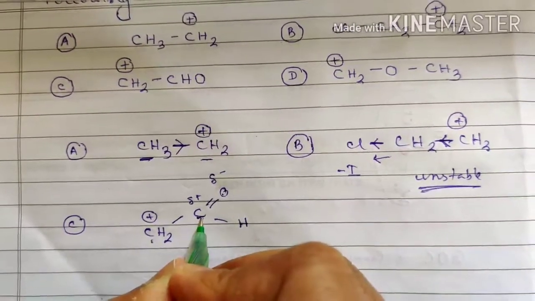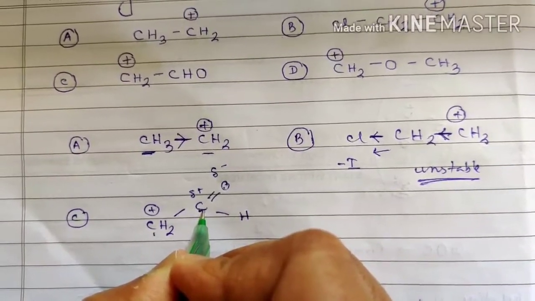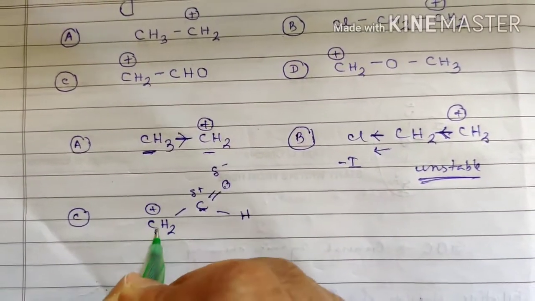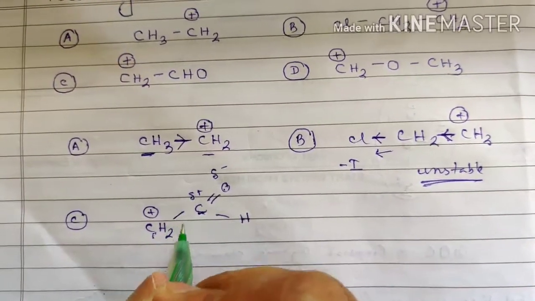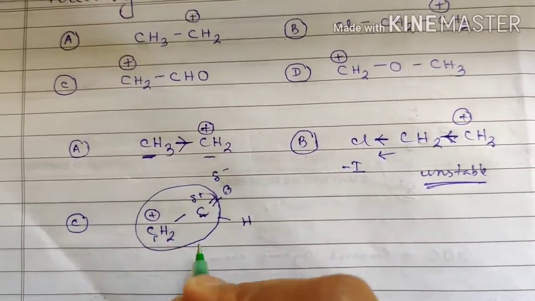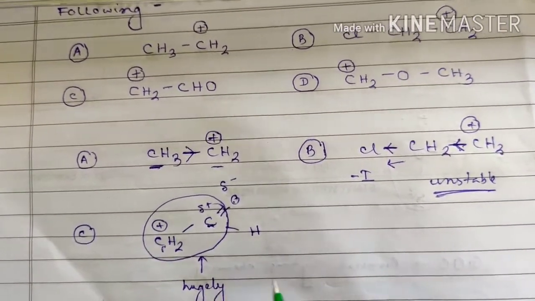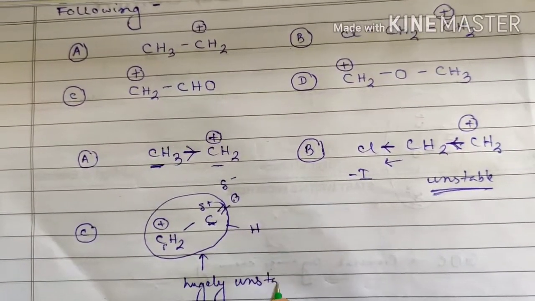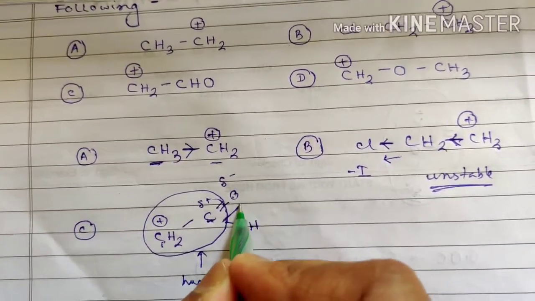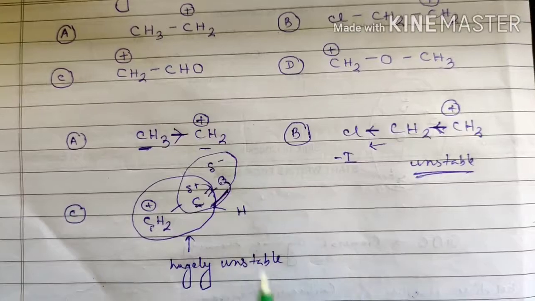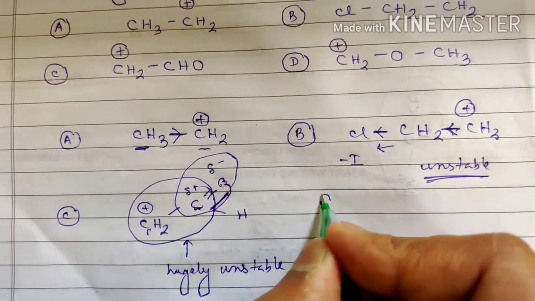This carbon by no means is going to have the negative charge. That means between these two, similar charges will come, making this region hugely unstable. So the carbonyl group over here makes the region exceptionally unstable.